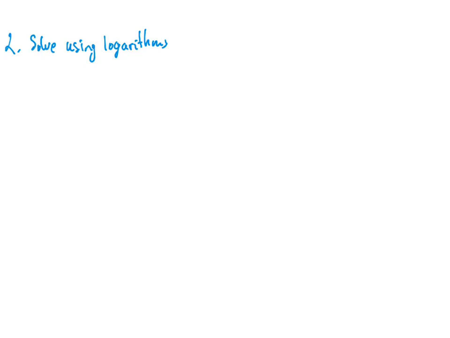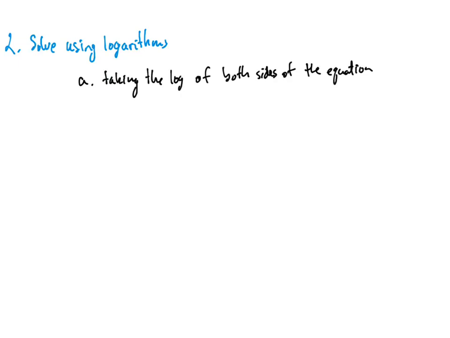Now, there are two different ways we can use logarithms. The first way we could do this is by taking the log of both sides of the equation. The second way is to rewrite as a log equation. Now we can do either of these methods with any exponential equation.